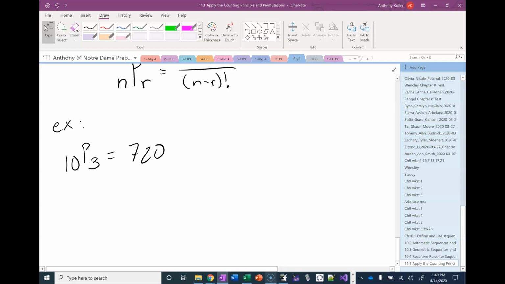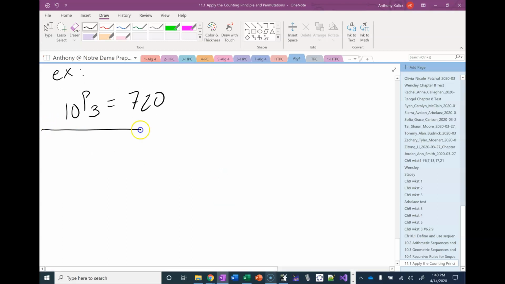And the last kind of counting that we're going to talk about in this first section is permutations with repetitions.